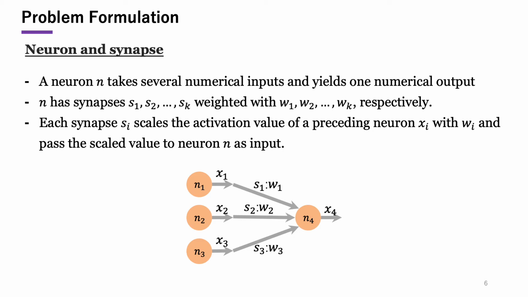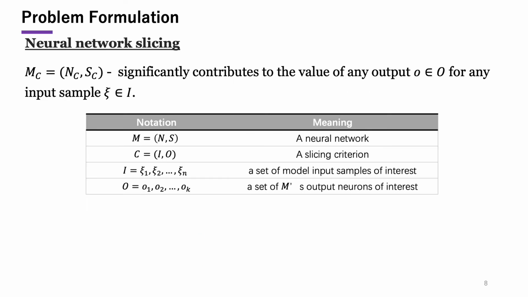Each synapse Si skews the activation value of a preceding neuron with Wi and passes the skewed value to neuron N as the input. The goal of slicing is to compute the subset NC and SC with respect to C that significantly contributes to the value of any output O for any input sample.